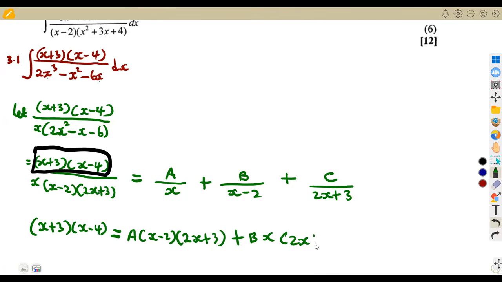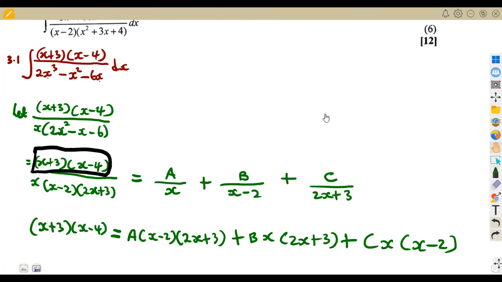Plus, we do the same thing, the 2x plus 3 here and the 2x plus 3 cancel. You remain with x and x minus 2, so it's going to be cx into x minus 2. This one and this one canceled. So that is the whole idea there.